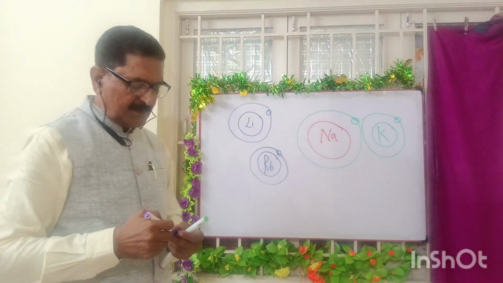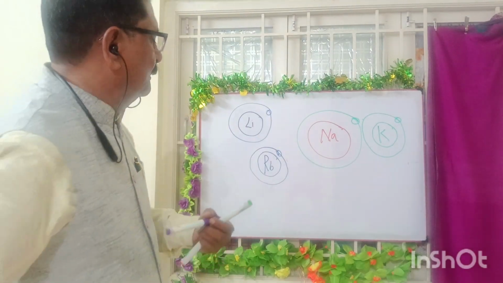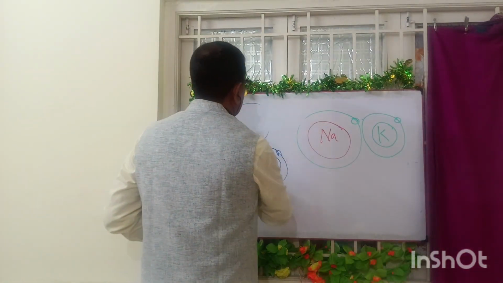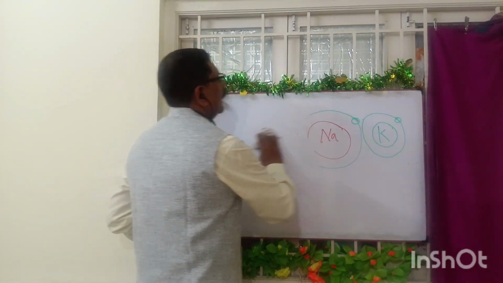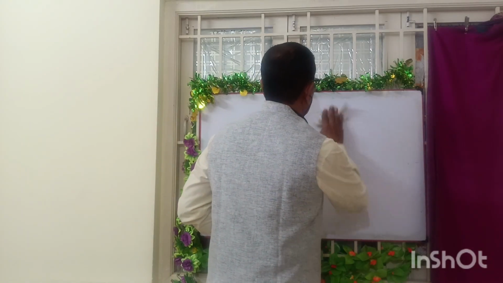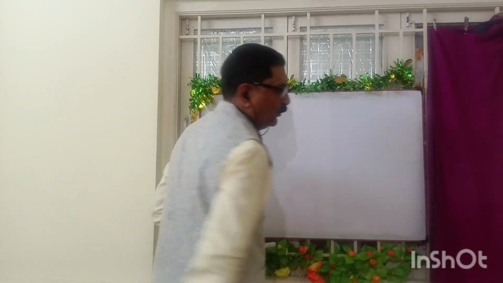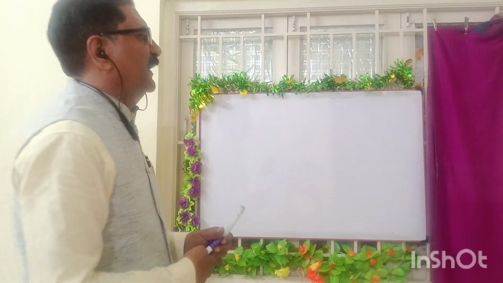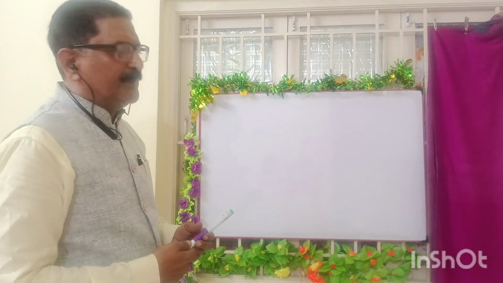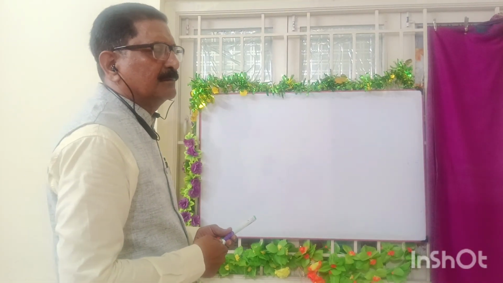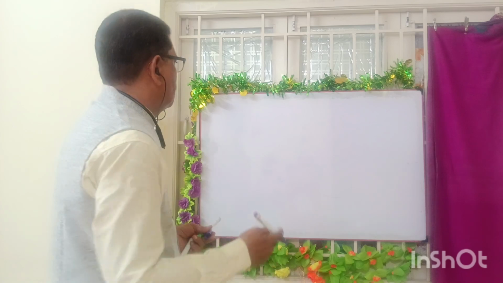So this is the method of keeping different elements in different families, and depending upon the number of electrons in their outermost orbit, they exhibit similar properties, or you can say the same properties.